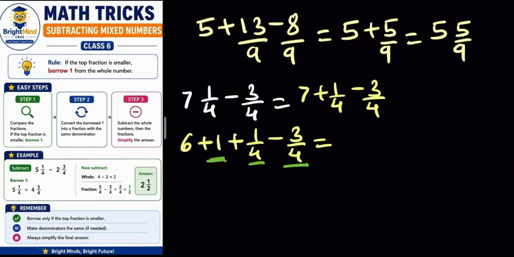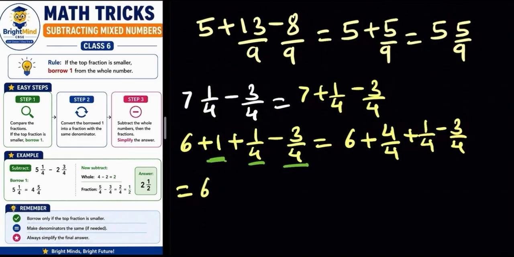Now let's do 6 plus 4 by 4 plus 1 by 4 minus 3 by 4. Okay, so it will come 6 plus 4 plus 1, which is 5 by 4, minus 3 by 4.